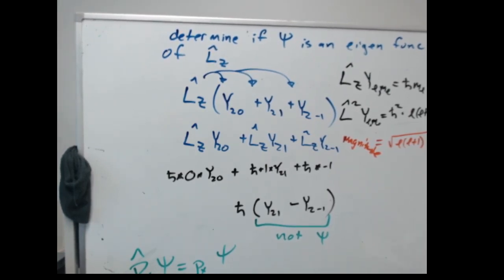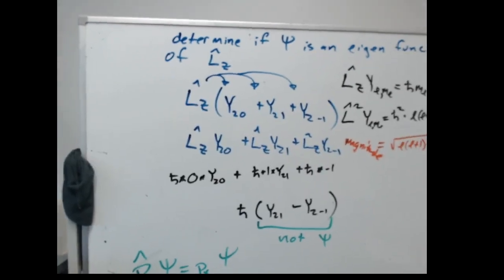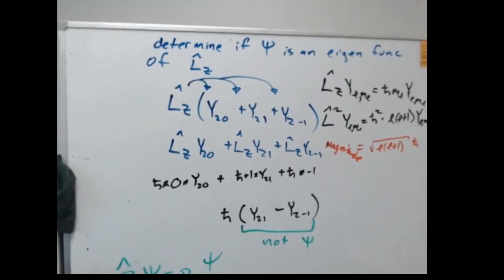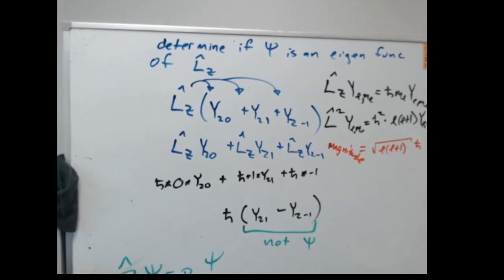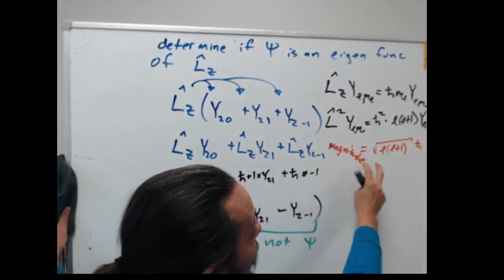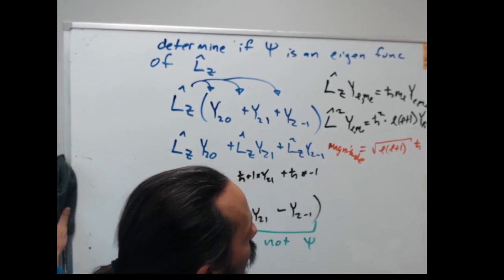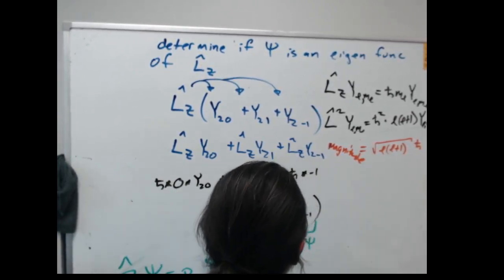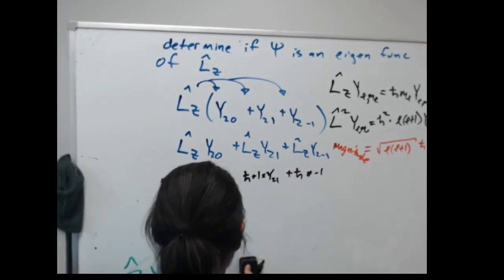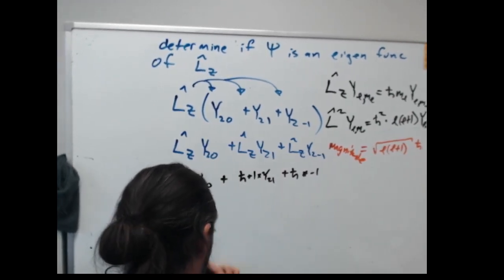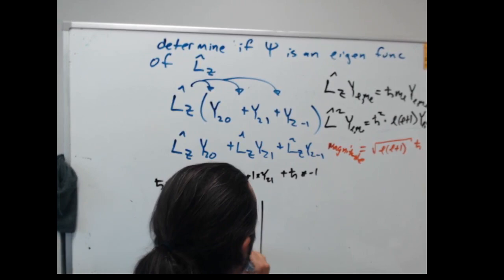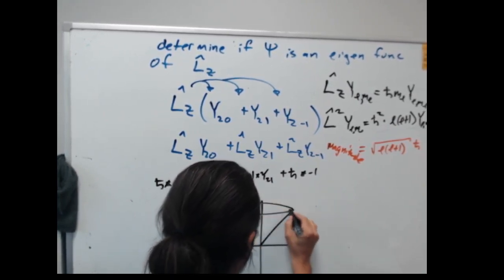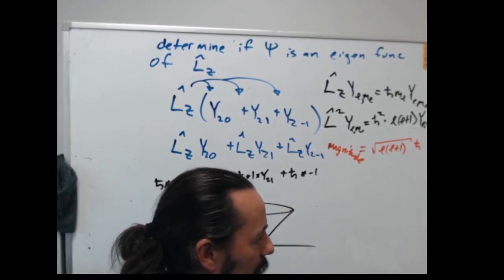So here's a way you can think about it that I think makes the most sense for what we should be writing down. And I'm sticking with this idea. In the textbook, it's this idea that magnitude equals the square root of L times L plus 1 h bar. Another way you can think about it is from that cone picture, right? If you look at that cone picture, which I'm going to do my best to draw now, I think that's a pretty good cone.